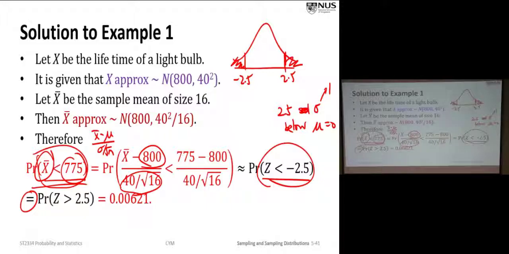So in this case, this probability, or this area, is 0.00621. In other words, the chance is very small that the sample mean is less than 775 for a sample of size 16 if the light bulb's life follows normal with mean 800 and standard deviation 40.